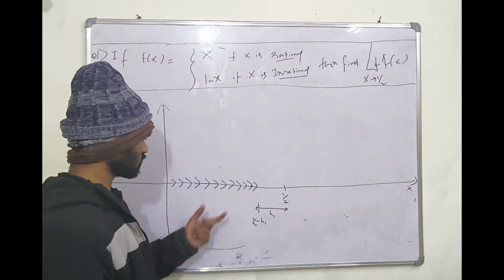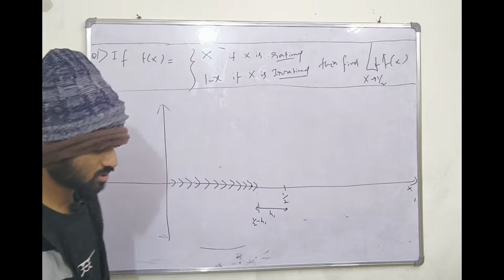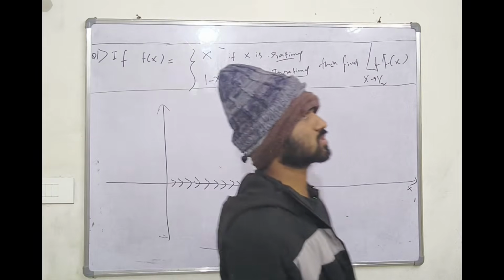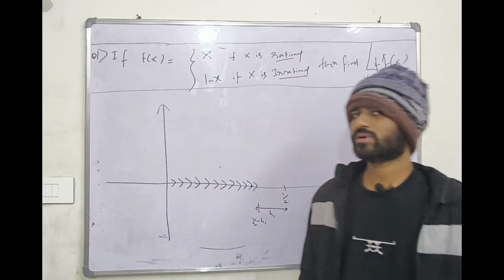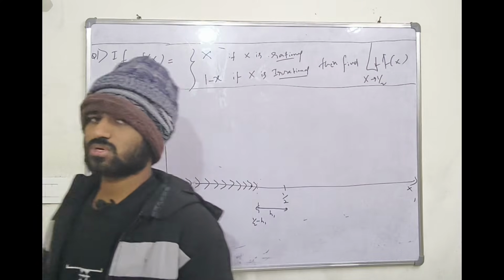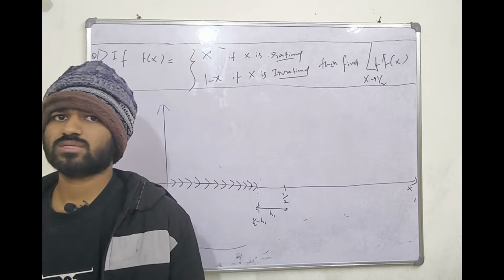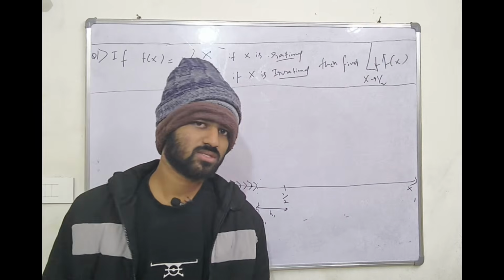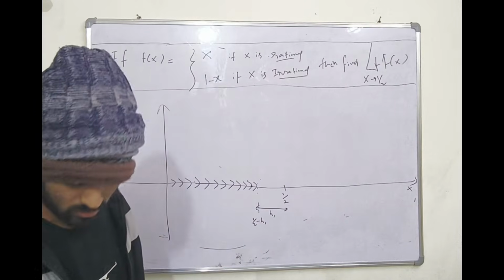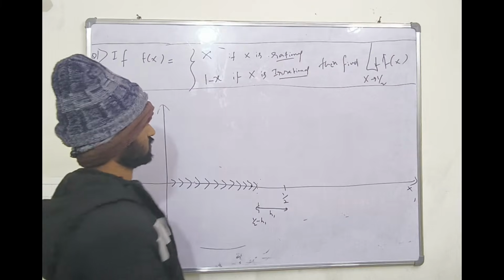I stopped here, approached till this point, and let's assume that 1 by 2 minus h1 is a rational number. Then let's try to find the limit at this point. This is our left hand limit.